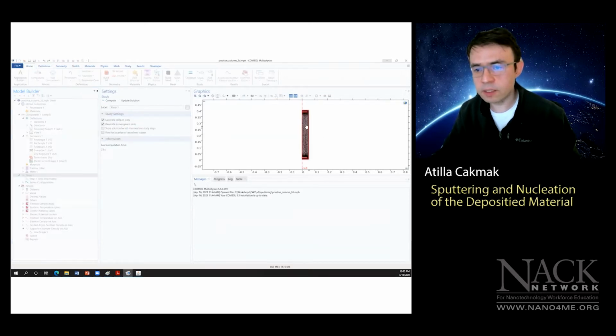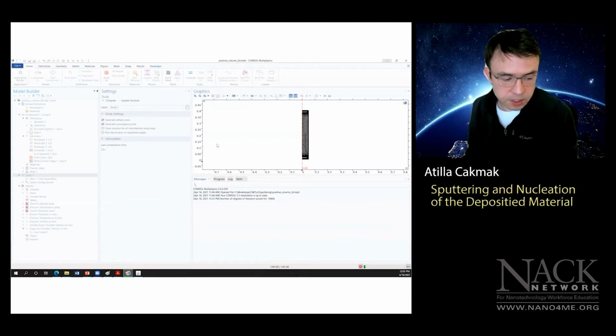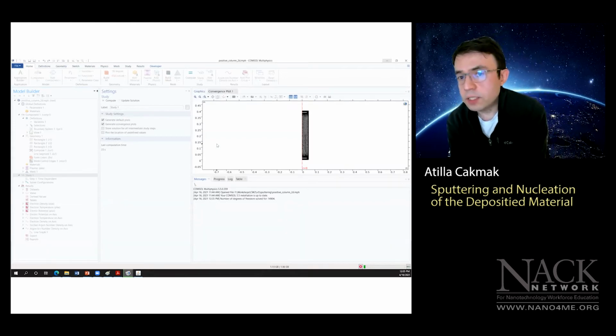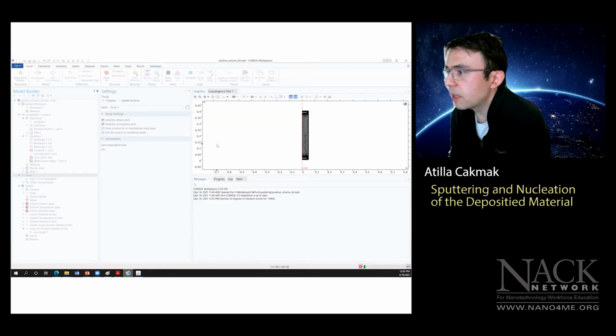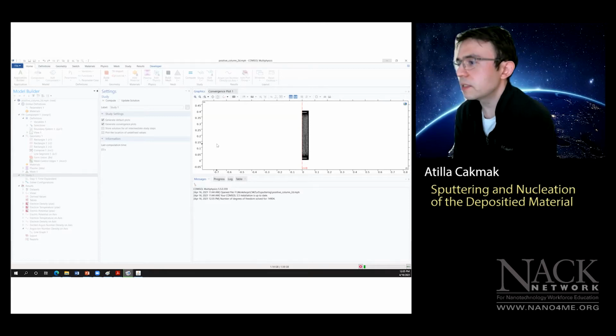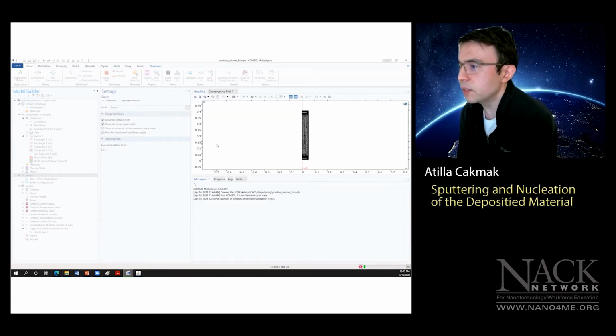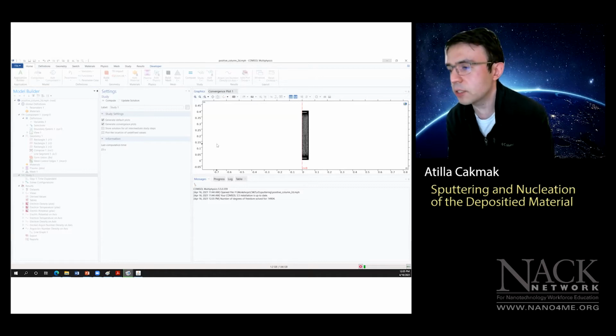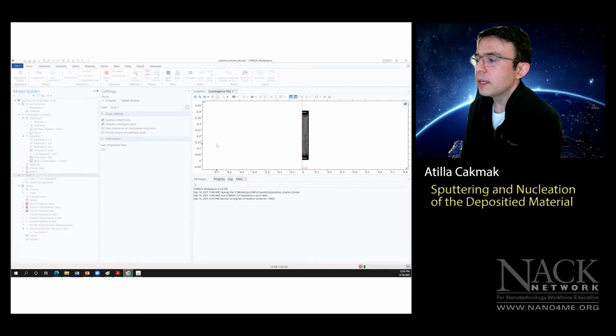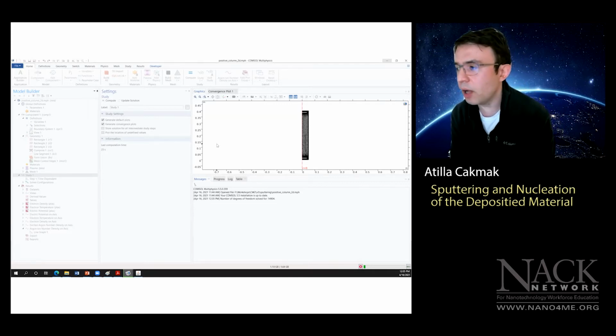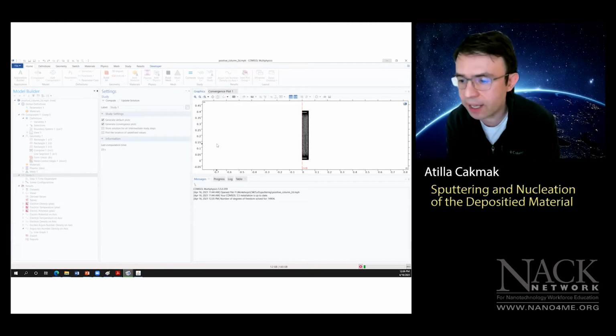So you see it does the meshing and it just does the computation. So we just applied 10 volts and we're going to ask ourselves, are we going to be able to break down this gas? Are we going to be able to bring it to the fourth state? Are we going to be able to deliver enough energy to the electrons? That's what we're trying to do, right? We're trying to generate some guidance, some external power for the electrons so that they can collide with the atoms and then ionize the gas.